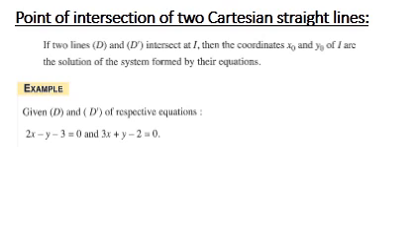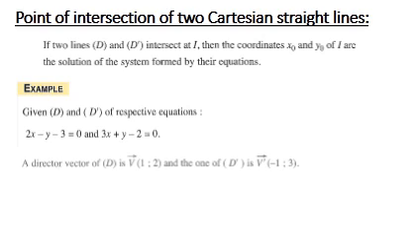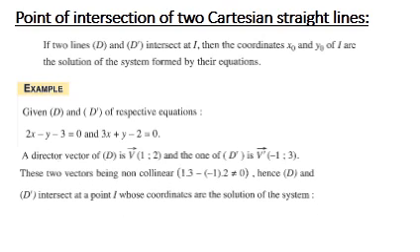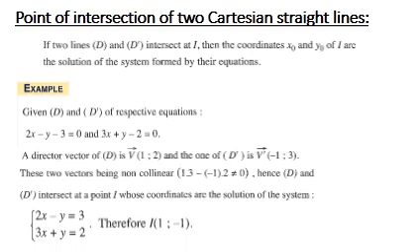Or in another way, you can find the directing vector of each straight line. The directing vector of the first one is (1, 2), and the second one is (minus 1, 3). If we make the dot product and it's not 0, then they are intersecting definitely. And to find the point of intersection of those two straight lines, it's enough to solve this system.